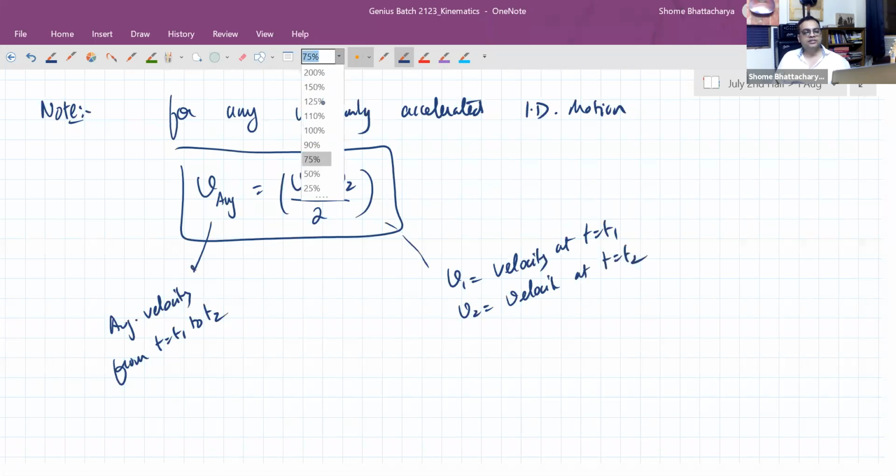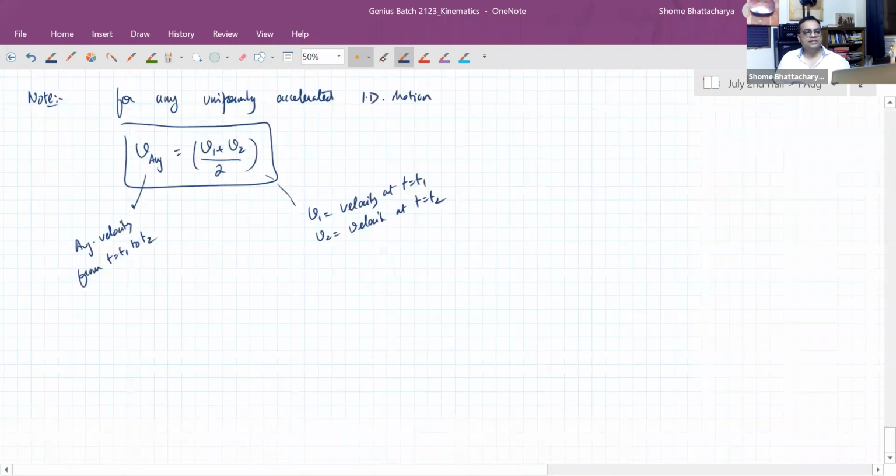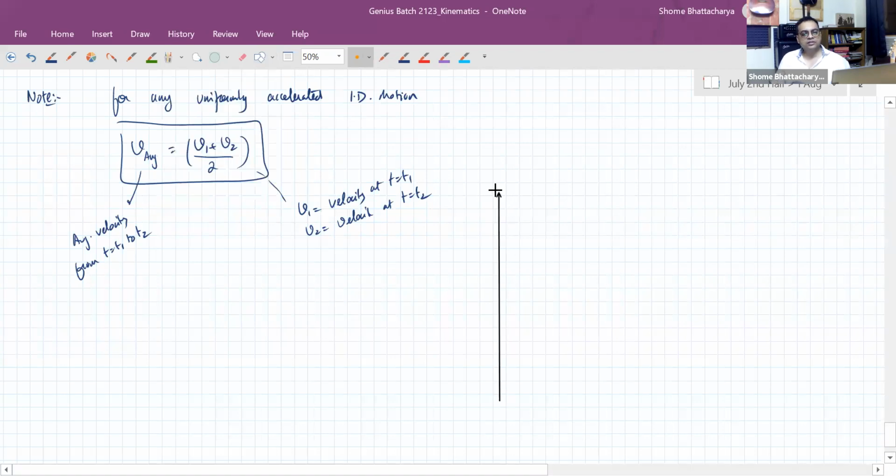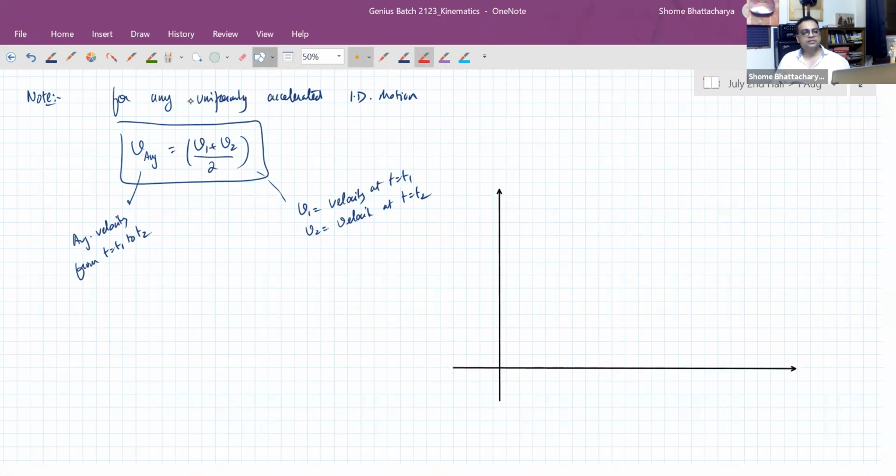Now the proof of this is very simple. You can just think of it from the graph, because your velocity versus time graph is a linear graph. So your displacement is always that area of trapezium formula. Whether the graph has a positive slope or a negative slope, it doesn't matter.